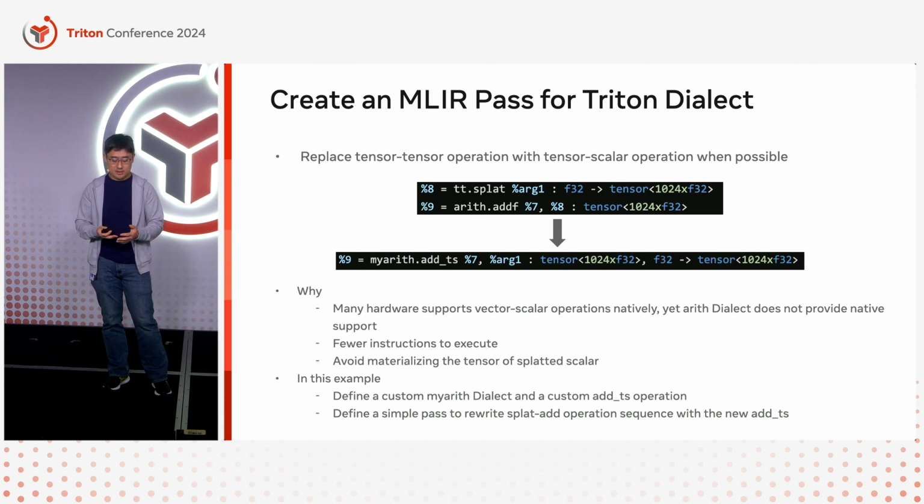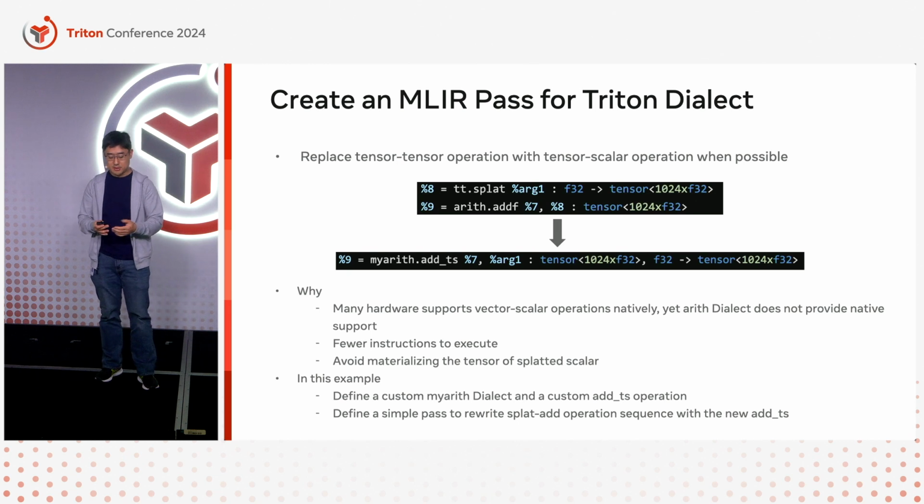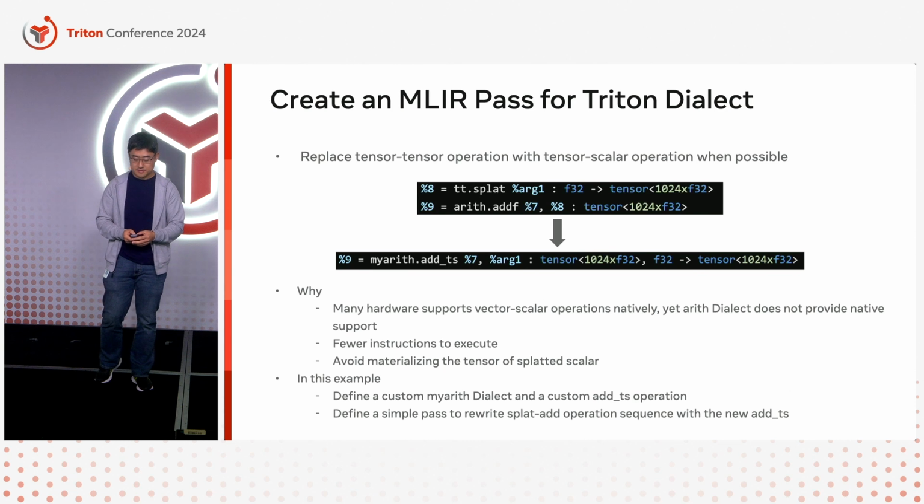We can also avoid potentially materializing %8 in this case, which is the result of splatting scalars, and that can help reduce on-chip memory pressure and register pressure, and potentially help with performance and power. So in the rest of this tutorial, as I mentioned, we'll define a custom myarith dialect. We'll also define a custom add TS, or add tensor scalar, operation, and we'll define a simple pass to achieve this rewrite of a splat add operation sequence with our newly defined operation.